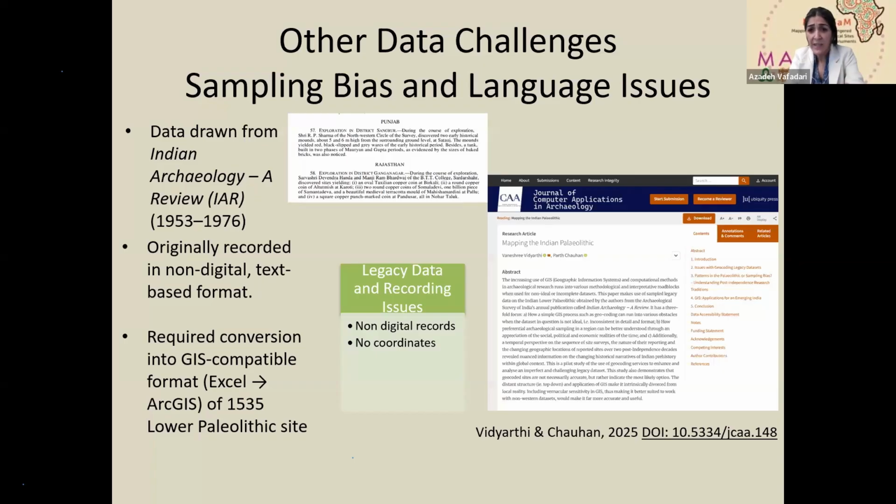There was no standardized format for recording these sites. Some entries list only a village name, others mention districts, and a few include distances from landmarks. This uneven level of detail creates major uncertainty in determining exact locations.